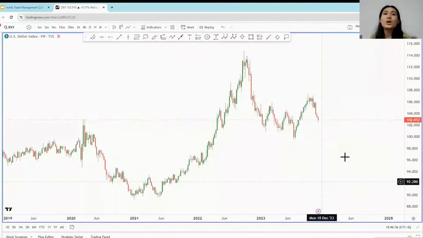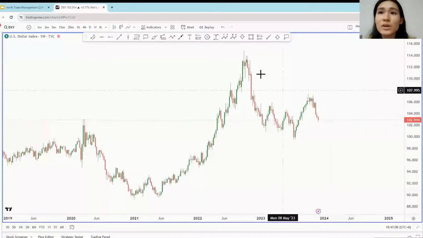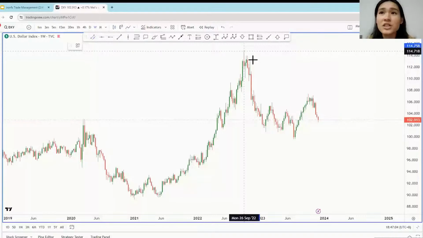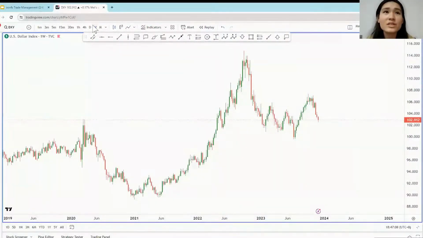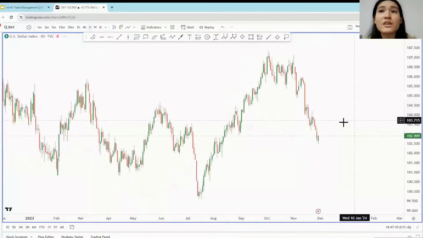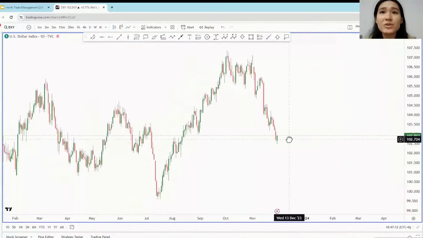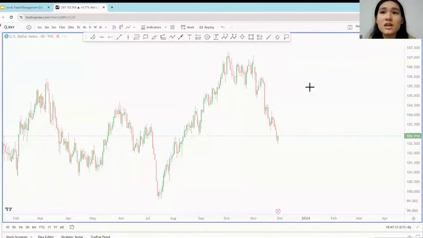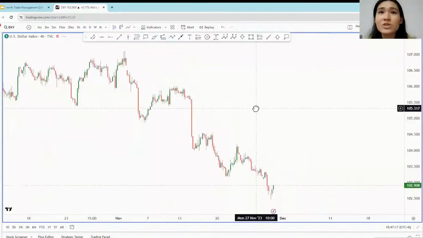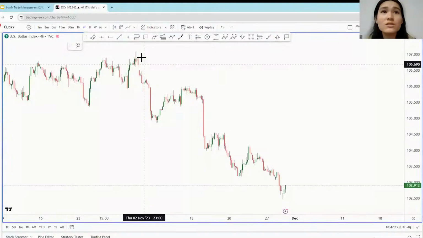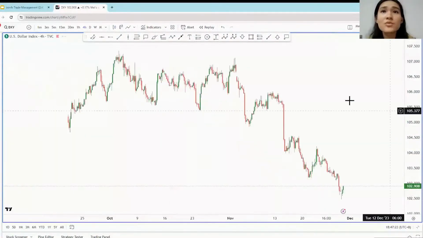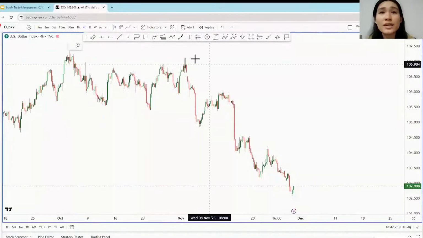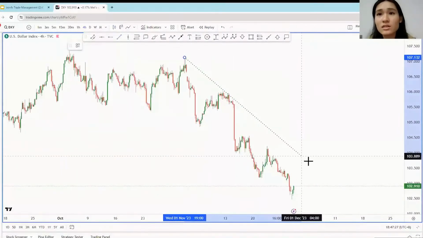Okay, so on our DXY, we see prices dropping. I think we have a descending trend channel here as well. But you can definitely see a downtrend here. On our daily time frame, also there is a downtrend, and then on our 4-hour time frame, we don't have any trend lines or trend channels, I think.